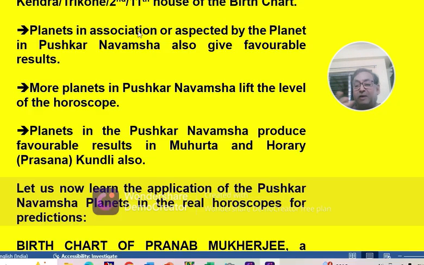If somebody has five planets in the Pushkar Navamsha, he will be better placed than him. The person who has two planets in the Pushkar Navamsha will be in a better place than the person who has only one planet in the Pushkar Navamsha. In this way you have to compare.